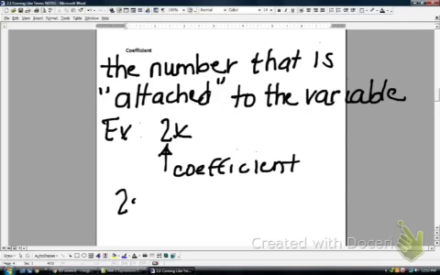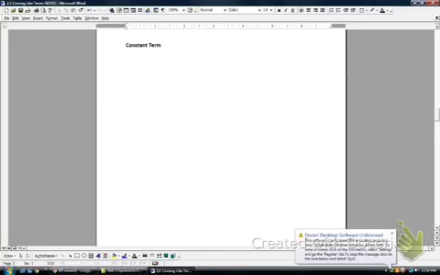So this is really 2 times x. But I've told you mathematicians by nature are lazy, and so when we have shortcuts, we take them. So 2 times x is 2x, and that means to multiply, and that is understood in the mathematic world.